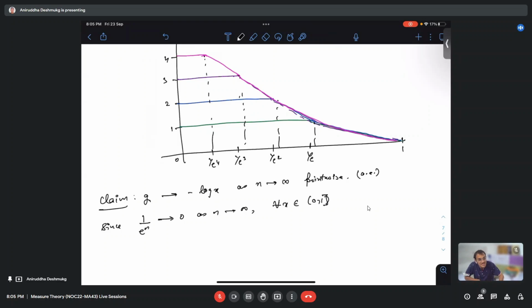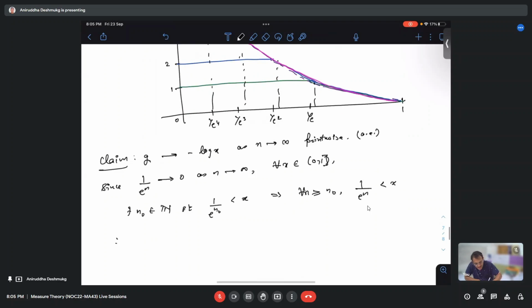So for each x in open 0, closed 1, what will happen? There will be some stage n naught such that 1 over e to the power n naught is less than x, and therefore for each n bigger than or equal to n naught, 1 over e to the power n is less than x, and hence Gn at x is minus log x for every n bigger than or equal to n naught.